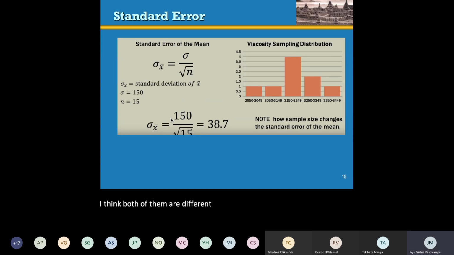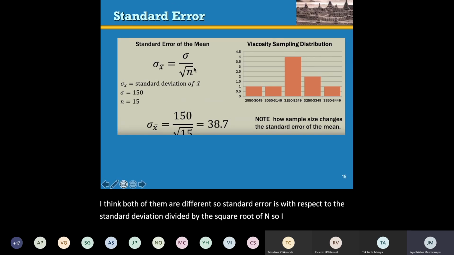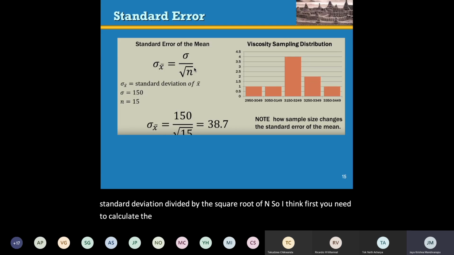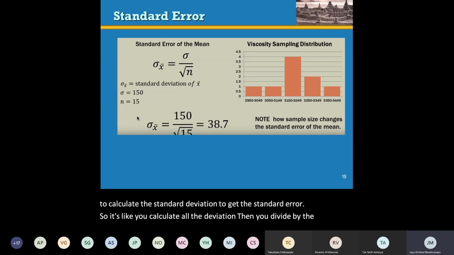The standard error is the standard deviation divided by the square root of n. So first you need to calculate the standard deviation to get the standard error. You calculate all the deviations, then divide by the square root of the total number of values.